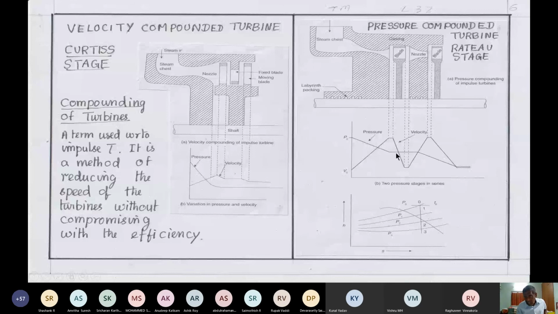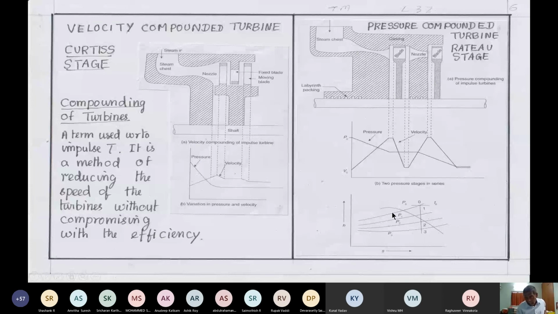Then in the first set of rotating blades, and then in the second set of nozzles, velocity is increased, pressure is decreased. So some modification has to be done in the figure. Then again in the rotor blade, pressure is constant, velocity decreases.